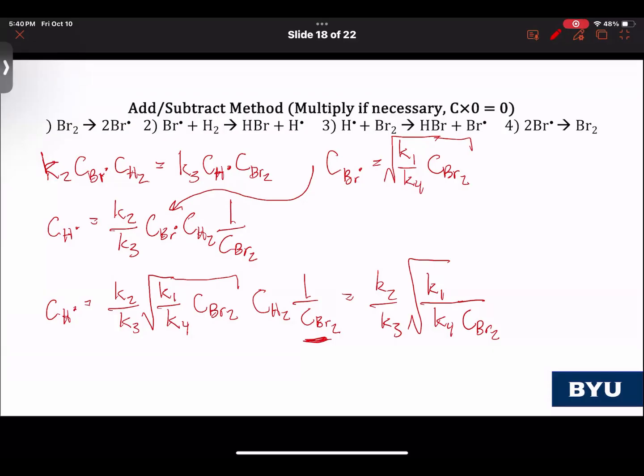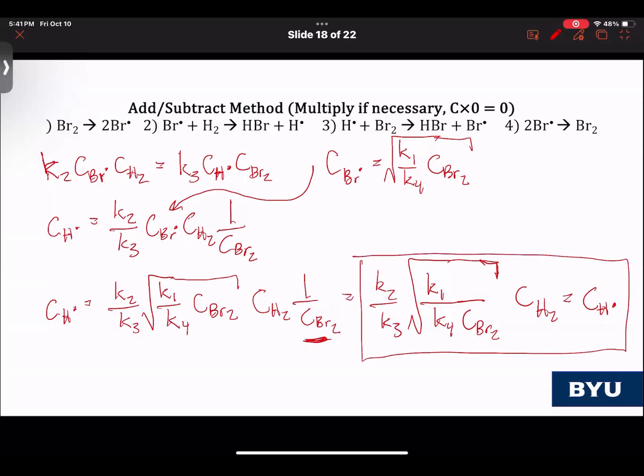So that's going to partially cancel out the C bromine to the 1/2 power up here. And so we're going to end up with concentration of bromine to the negative 1/2. There we go. So we got it. The concentration of our hydrogen radical in terms of the major species.